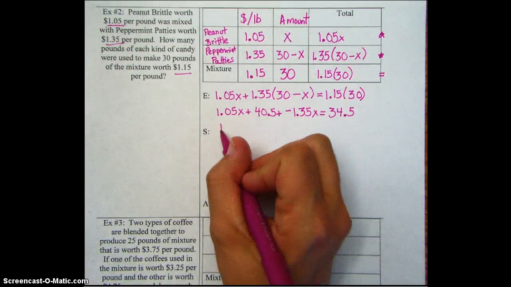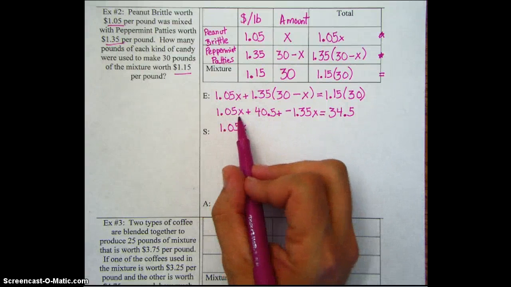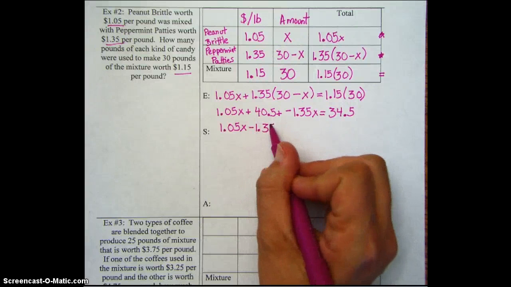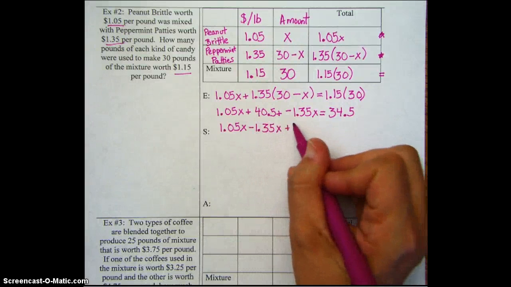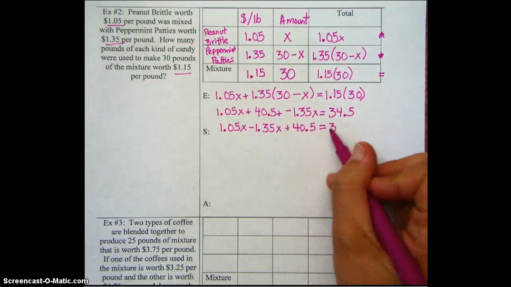Personally, I like to combine the like terms first and put them right next to each other. The like term to 1.05x is negative 1.35x. And then since 40.5 does not have a like term on this side of the equation, I'm going to put it at the end.